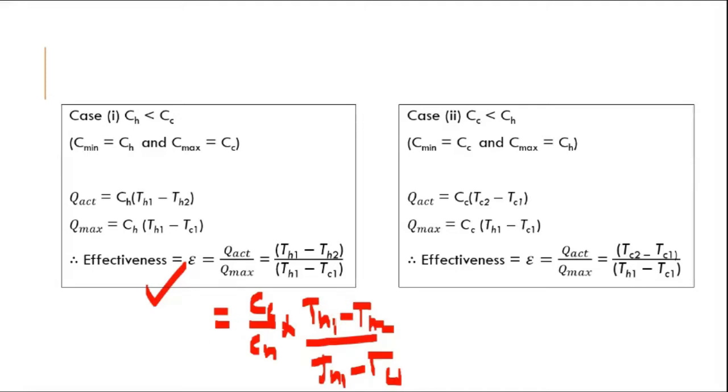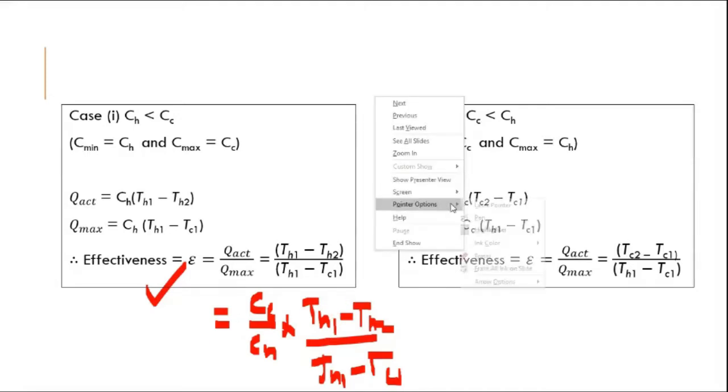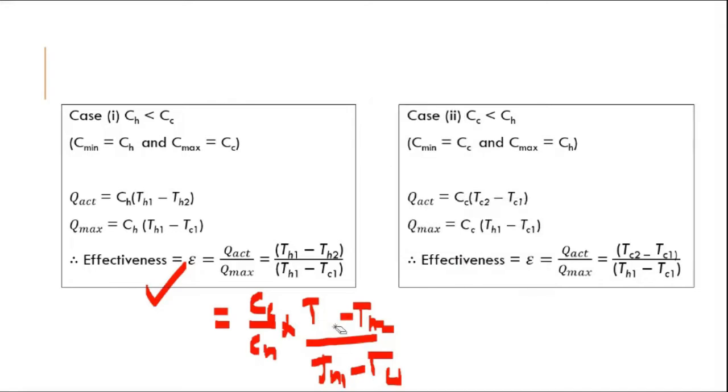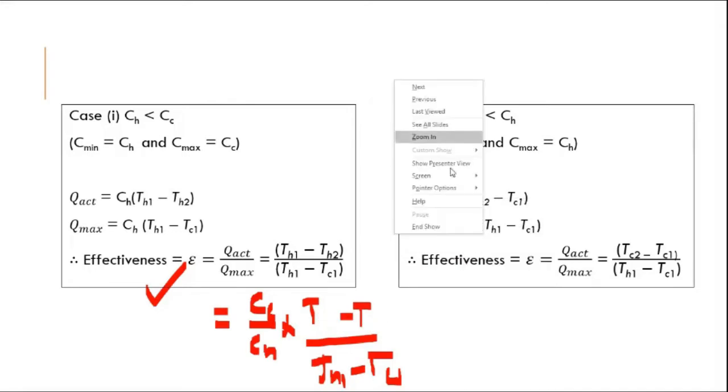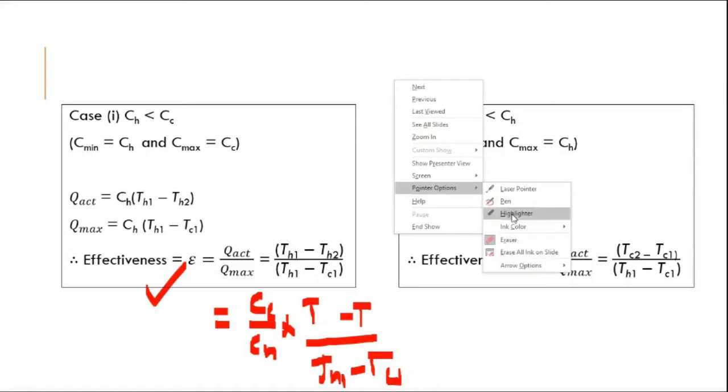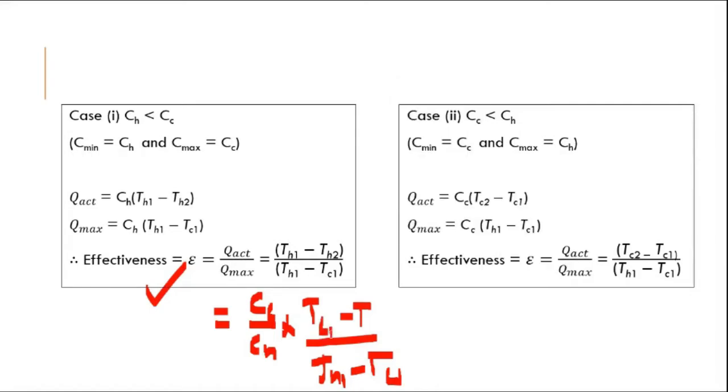Sorry, it will be CC TC2 minus TC1. Just one mistake. So CC TC2 minus TC1 divided by CH TH1 minus TC1. This also gives you the same value of effectiveness because again this is the relation for Q actual by Q max. Any doubt in this part?